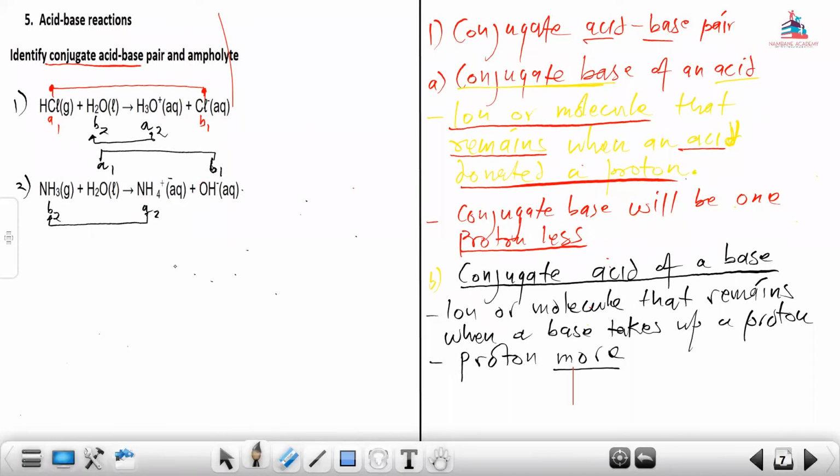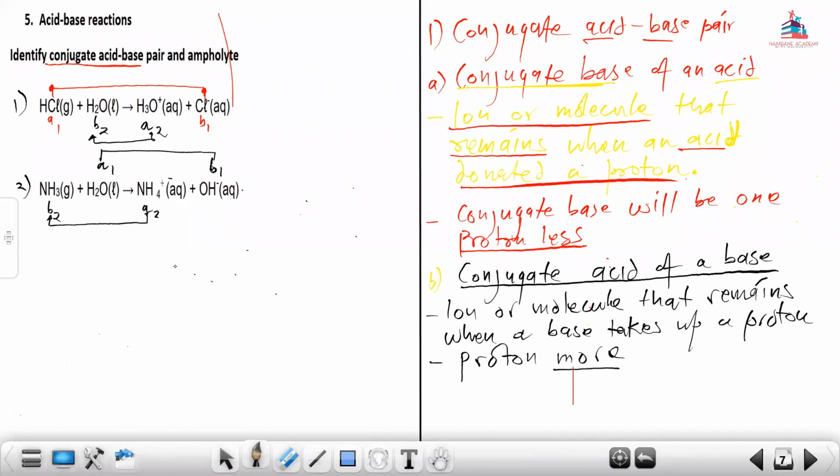Yes, sir. Okay, because I could not give a definition of water before I could show you why we say that in the first reaction it reacted as a base, and in the second reaction it reacted as an acid.